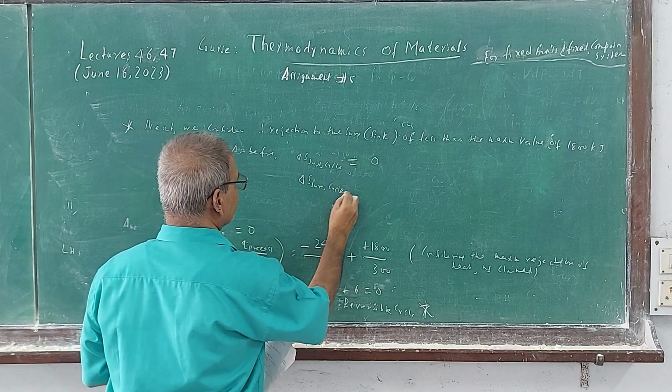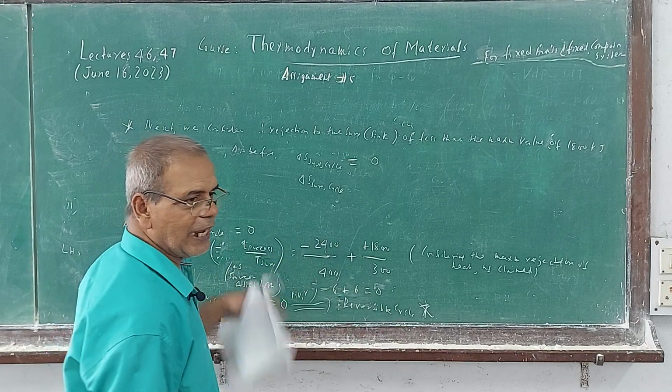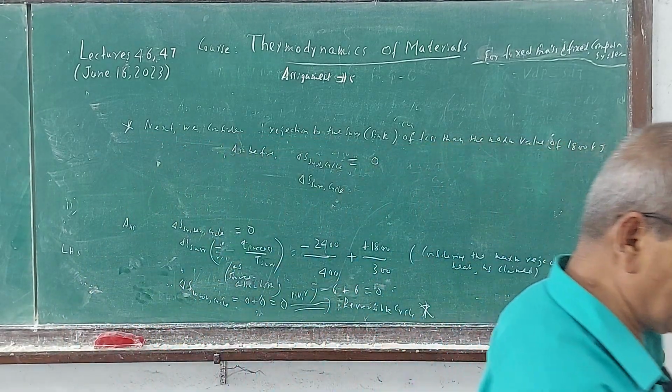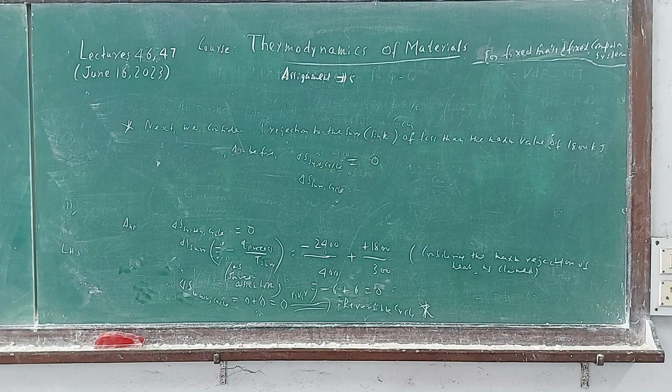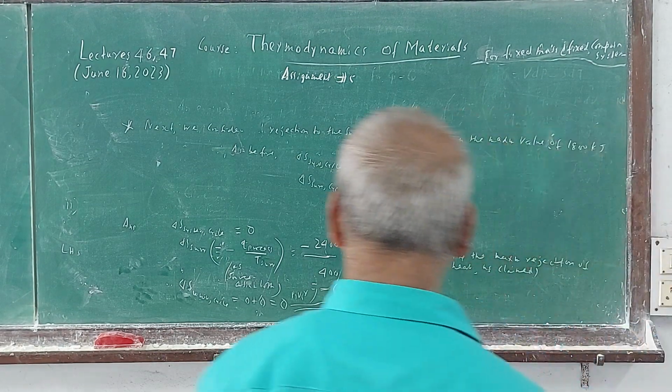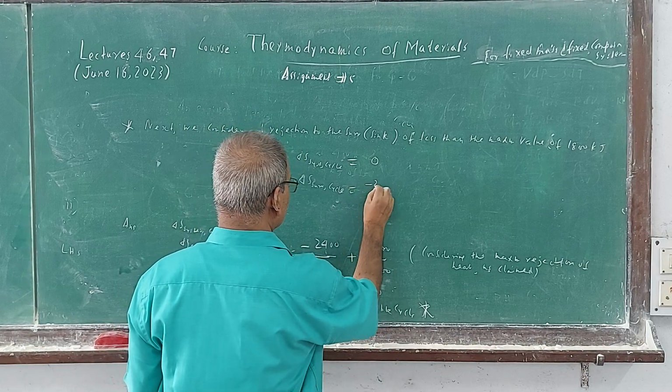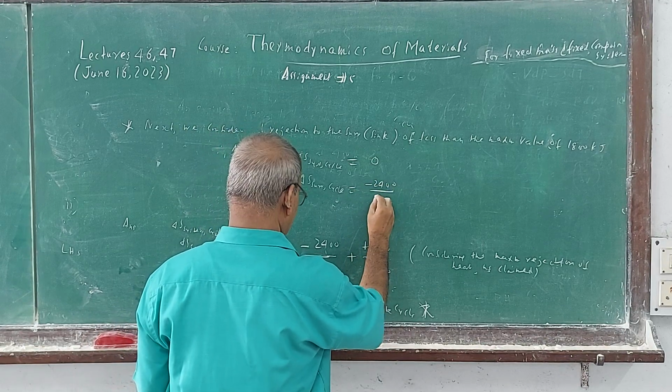Step by step: the first part is as before, because taking heat from the source has not changed. The sink part has changed. One is minus 2400 Q process by 400.